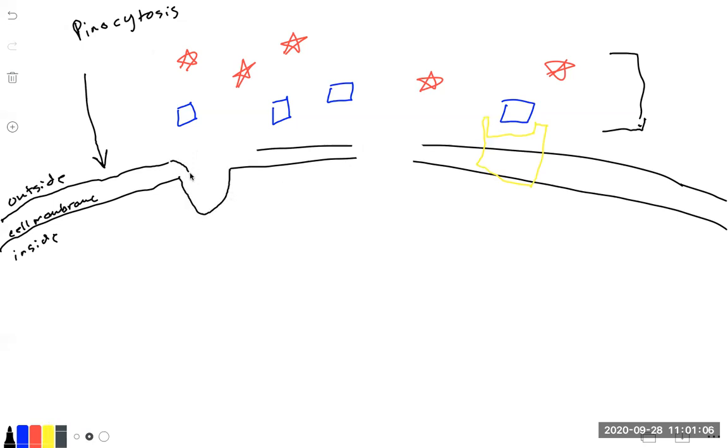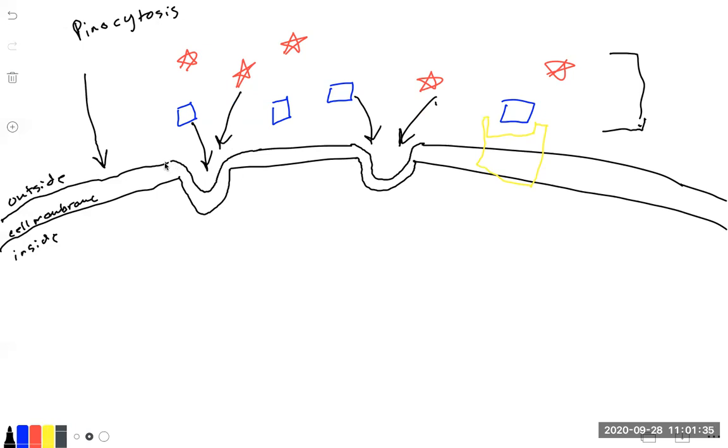Similar to endocytosis, but it's not as specific as endocytosis. We want to bring in the stars and the squares. So we want both of these to go in. Well, when this invagination or this dip in the cell membrane happens, it pulls the substances with the water that they're floating in into the pit.